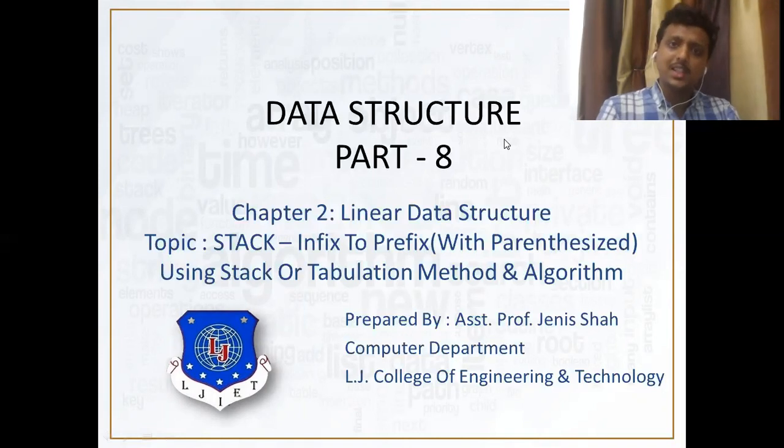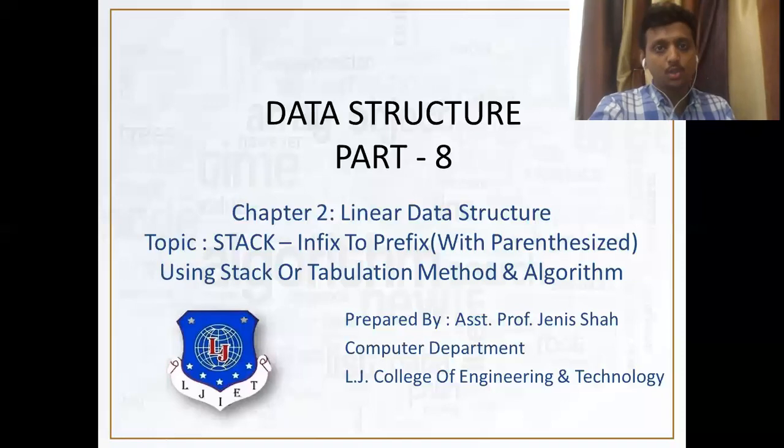In our previous lectures, we studied how to convert an infix expression into postfix using the tabular method, as well as the algorithm for infix to postfix conversion with parenthesized expressions. In today's lecture we will look at infix to prefix with parenthesized expressions using the stack or tabular method.